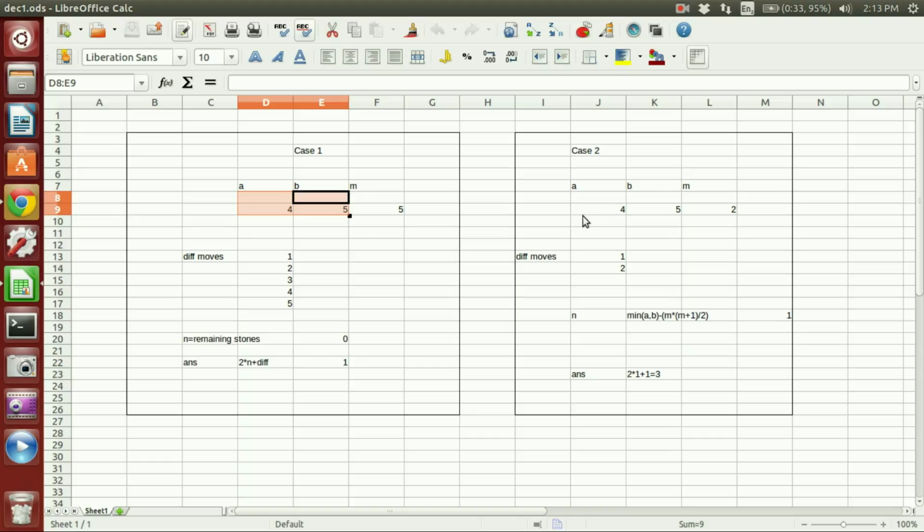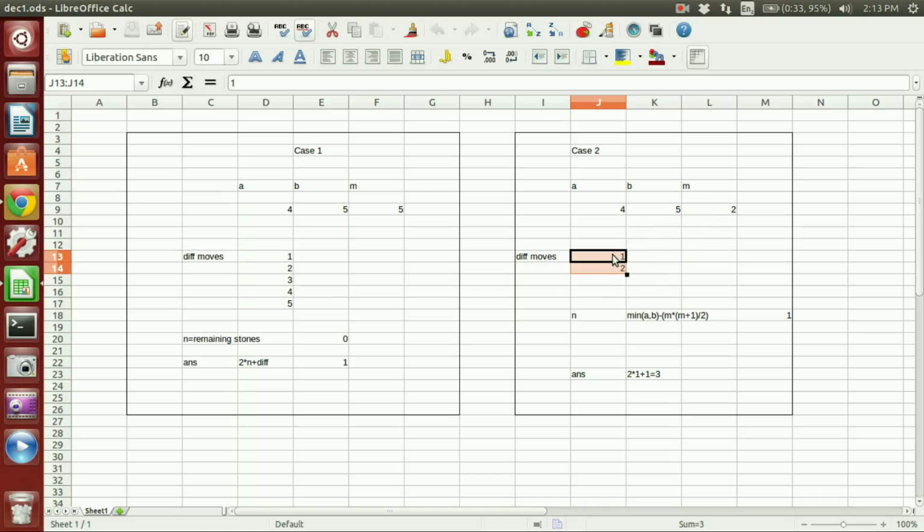Now let's take another example. This will tell us the importance of m. So we are taking the same values of A and B, but m is 2 here. So what this tells us is that we can use up to 1 to 2 different moves. That is, we can first remove one stone from both of them, then we can remove 2 stones from both of them.